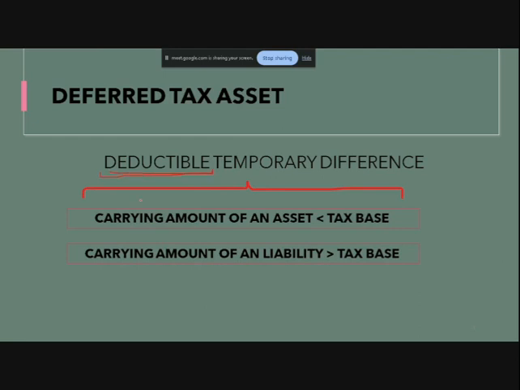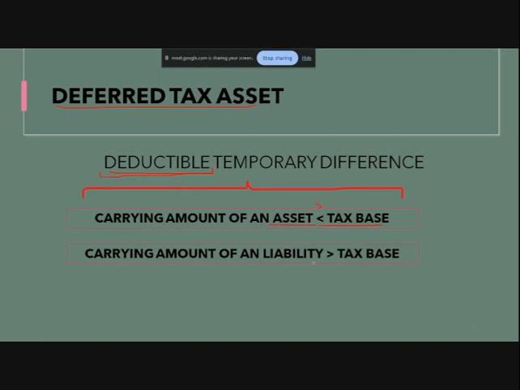This is just the opposite of the previous thing. So if you know that, you don't have to learn this by heart. If you know about deferred tax liability, then deferred tax asset is the opposite of deferred tax liability, right? So in this case, the carrying amount of an asset will be lower than the tax base. In the other case, it was greater than.